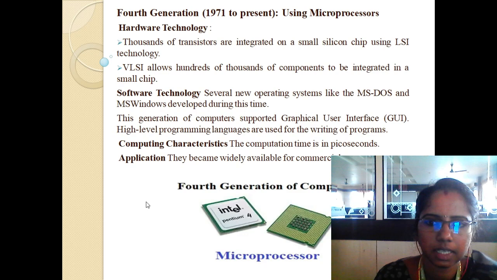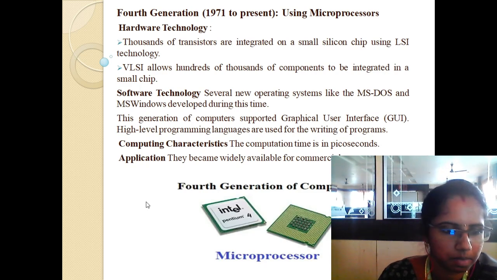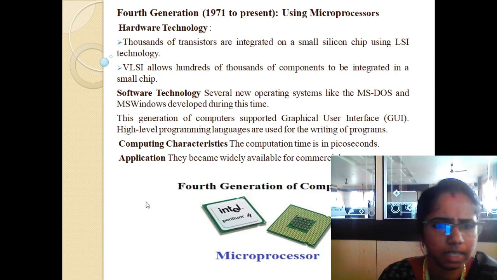Here it supports GUI, the graphical user interface. High-level programming languages are used for writing programs. The computing speed of this fourth generation computer is in picoseconds, and it's mainly used for commercial purposes. The disadvantage of this generation is less storage capacity.